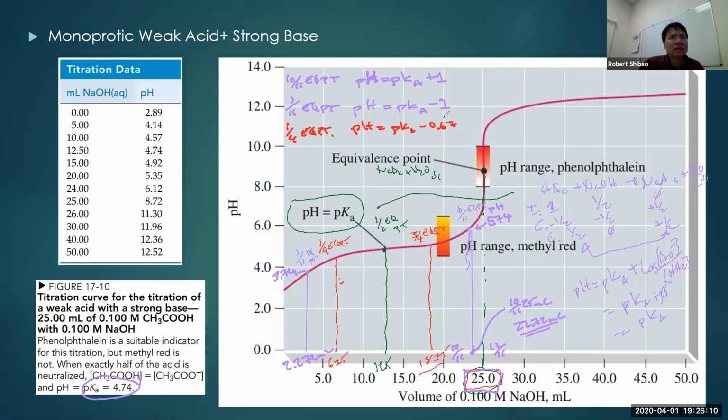I'm only going to 2 decimals, I rounded this. At the 3/4 equivalence point, the pH is equal to the pKa plus 0.67. And so, you know, these are easy to calculate because of the equation. The equations are quite easy for this.